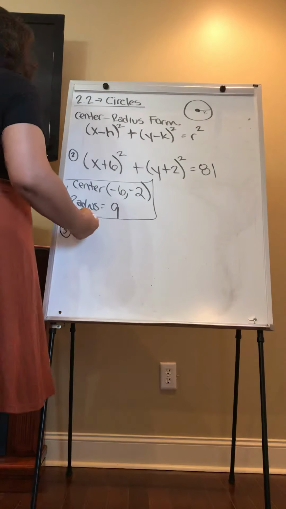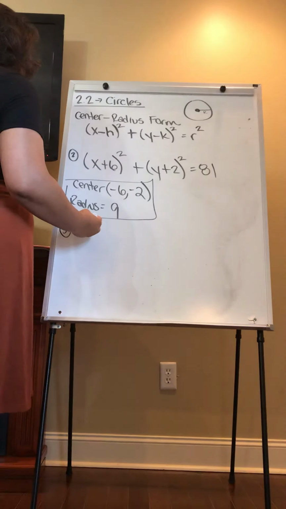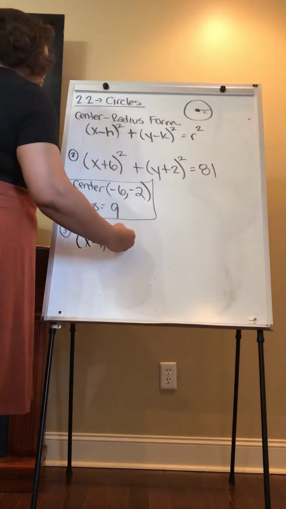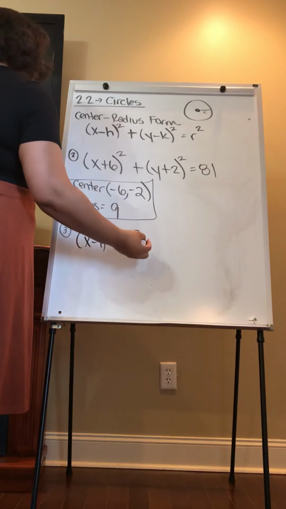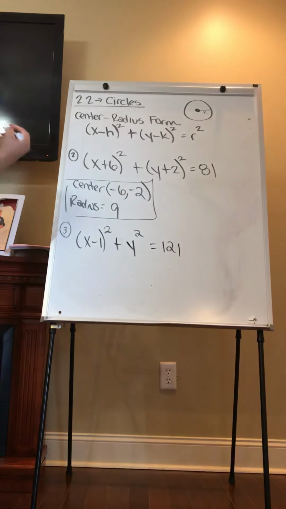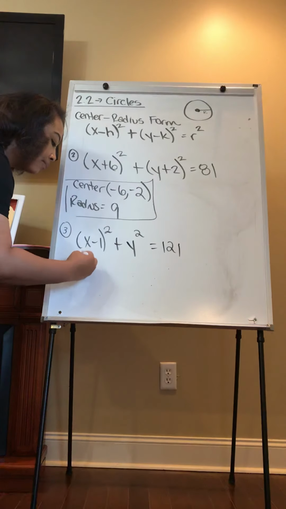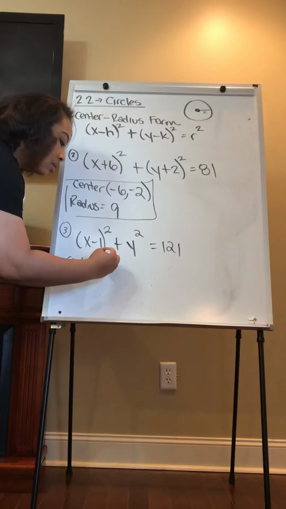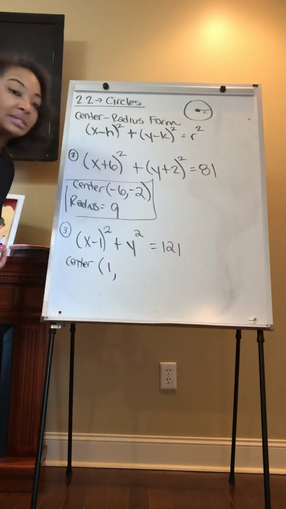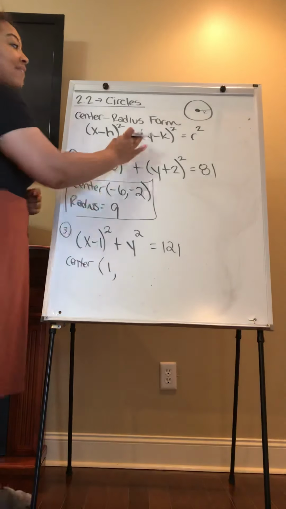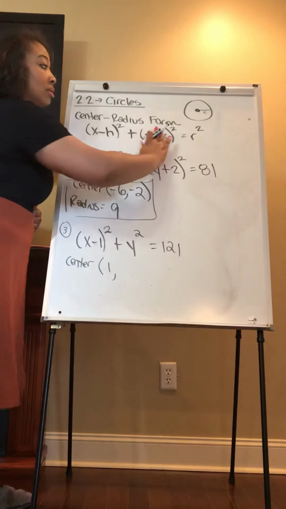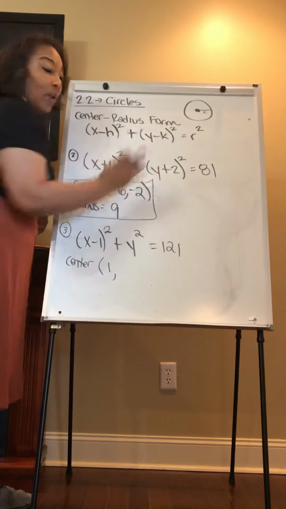What if you had the equation (x minus 1) squared plus y squared equals 121. So my center would be a positive 1. Now, this one's not in parentheses. So that would mean if I don't have a number there, you would just have y squared.